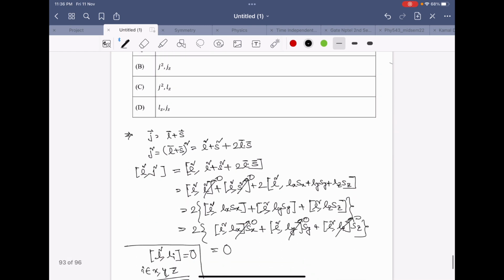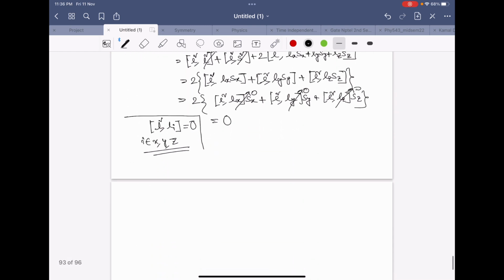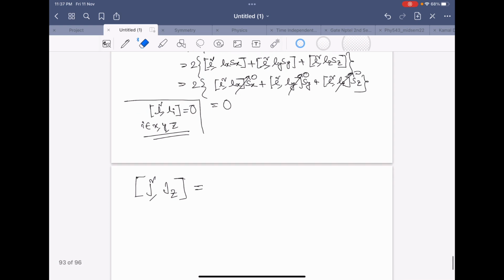Now option B is the commutator of J square and Jz. J square is L square plus S square plus 2 L dot S. We know that L square commutes with Lz.